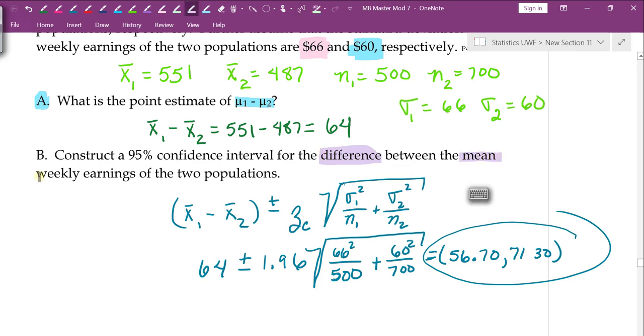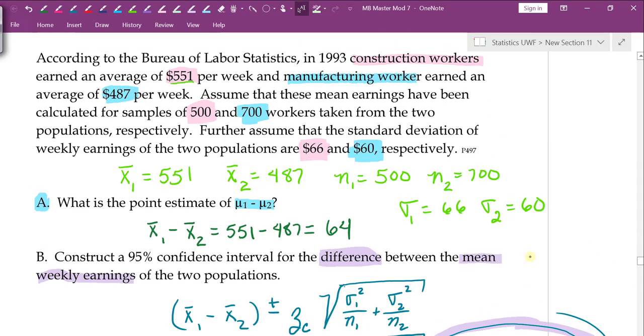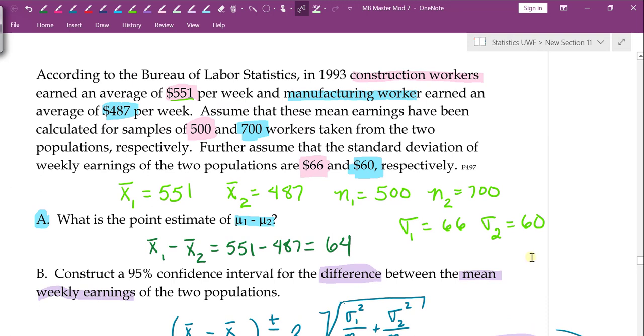What I want you to notice is that the differences in both of these cases is positive. It's $56 and $71, and 30 cents there. So there's a decimal right there. So this says that since we took the construction worker, going back to our original problem, we took the construction worker's average salary and subtracted the manufacturing.